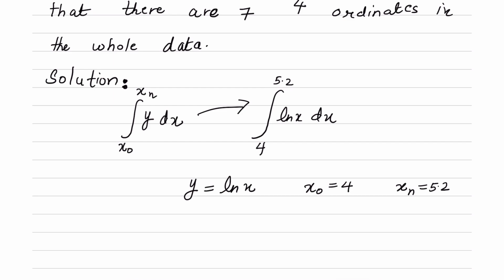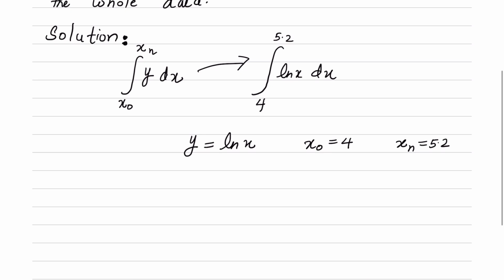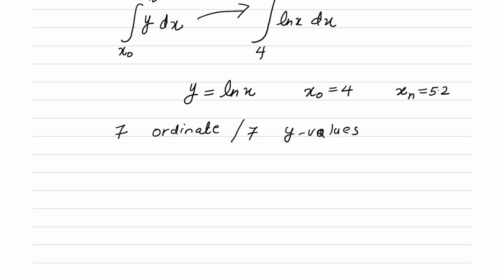Now let's look at the statement. We have to evaluate this integral such that there are 7 ordinates. So ordinates are y values. If we have this information that there are 7 ordinates or 7 y values in this whole data, and remember that we start denoting our data from y naught or x naught.